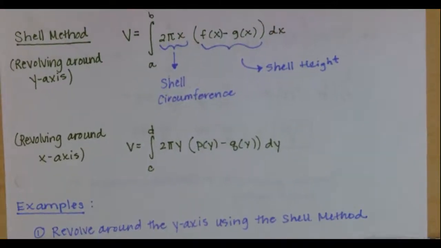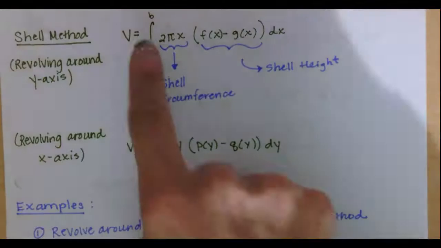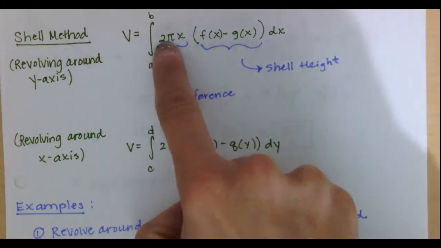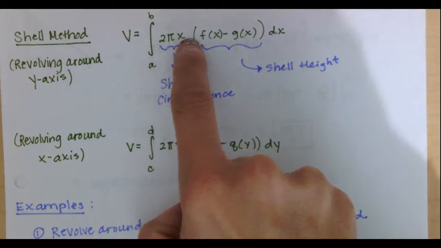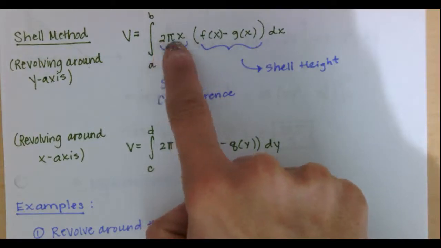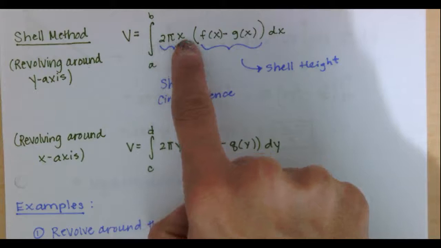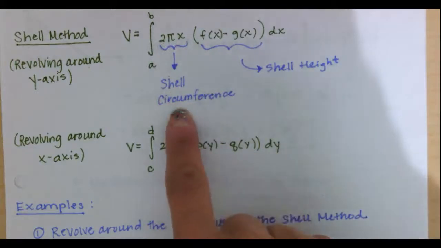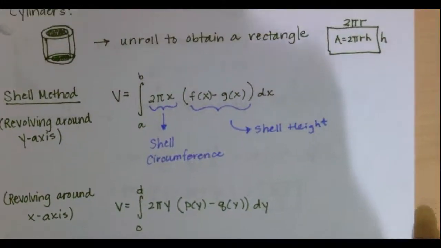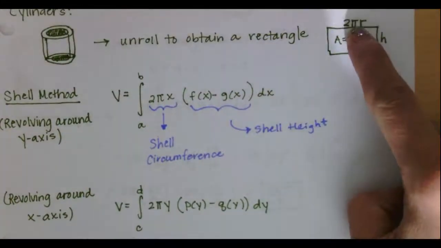You can see here that we're going to find the volume of our three-dimensional solid by taking 2 pi r, or in this case x is a better variable to use, so 2 pi x, which is representative of that shell circumference, the length of the rectangle.